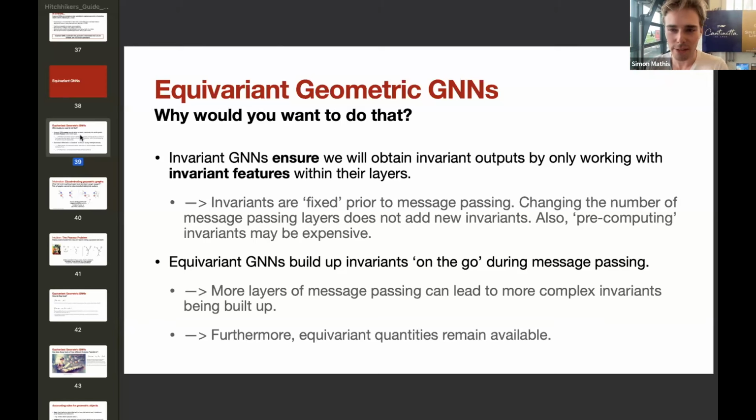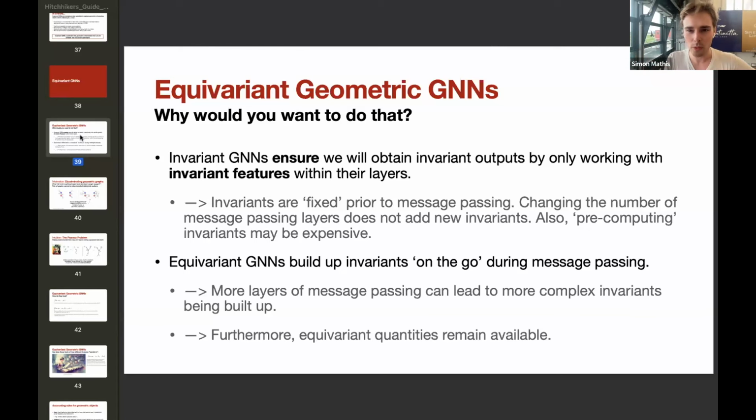So it scales very inefficiently and can be very expensive to compute. So we're looking for a way to circumvent that, where the quantities we build up as we do message passing scale with the number of layers. If we have more layers, we can build up more complex invariants.